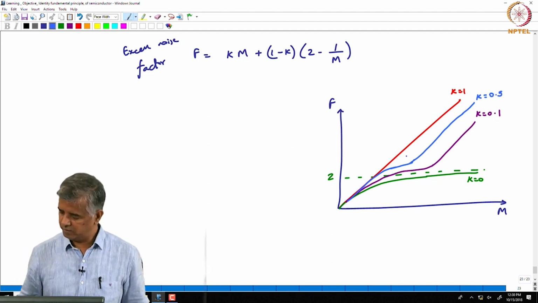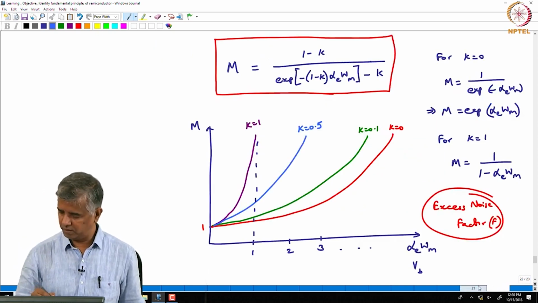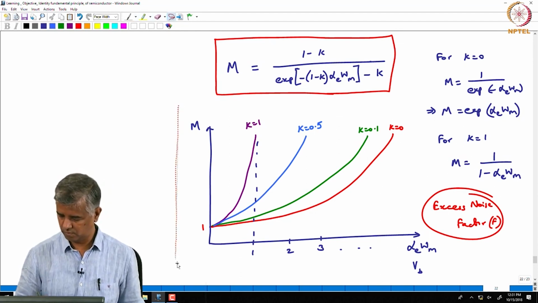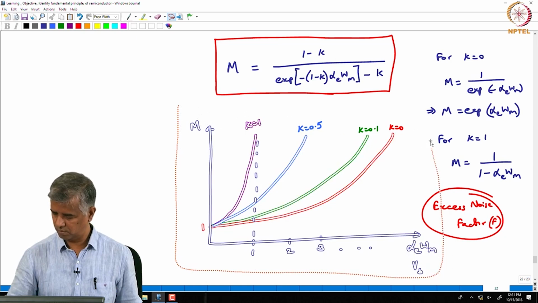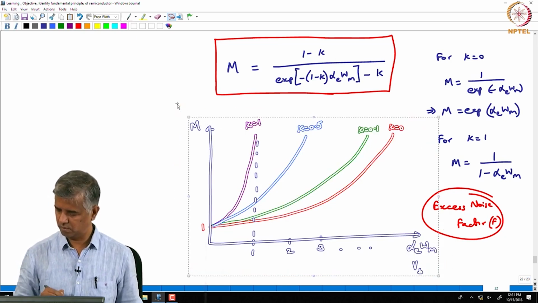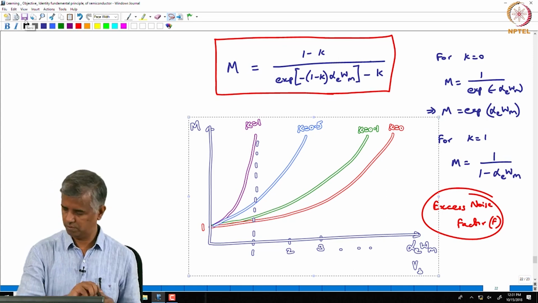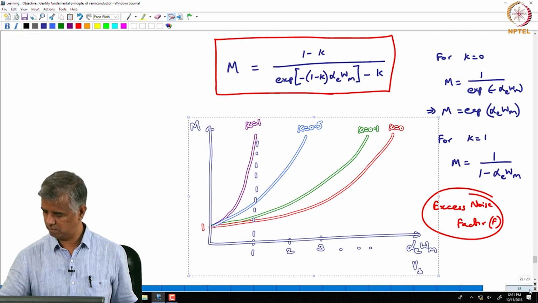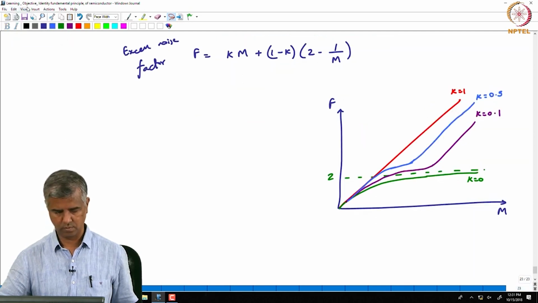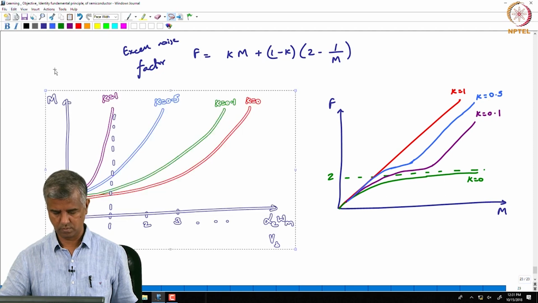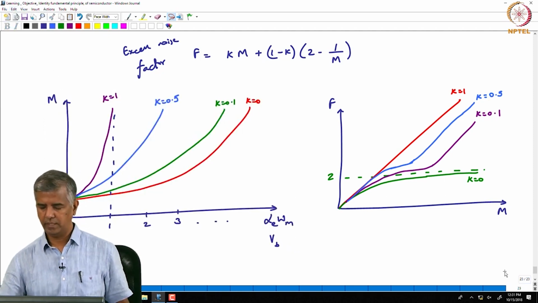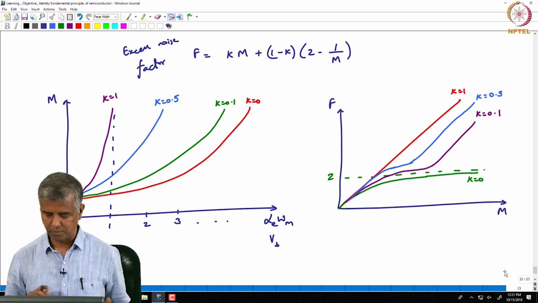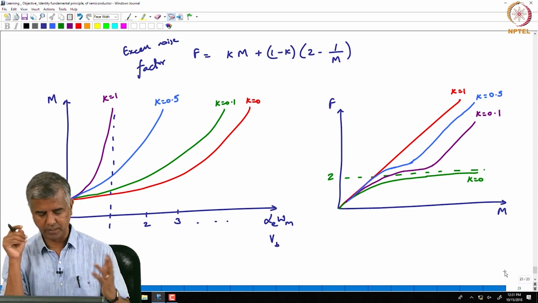And just to give you a perspective, let me cut and paste this also. Right. Like I said, I am not using the same colors for both the graphs, but bear with me on that.